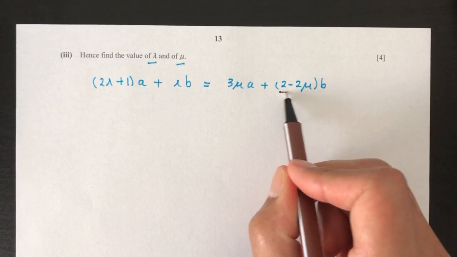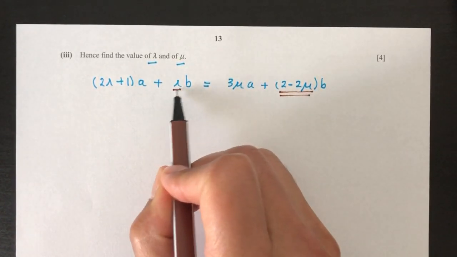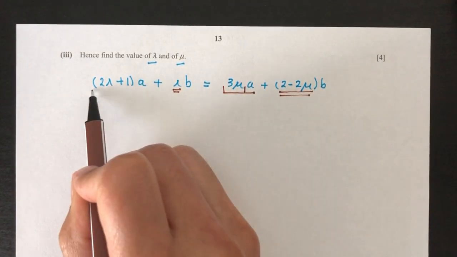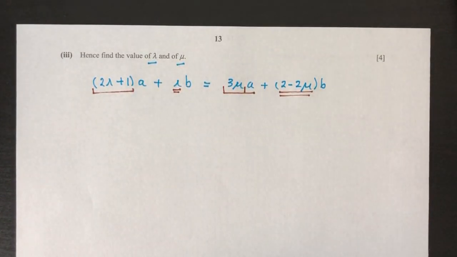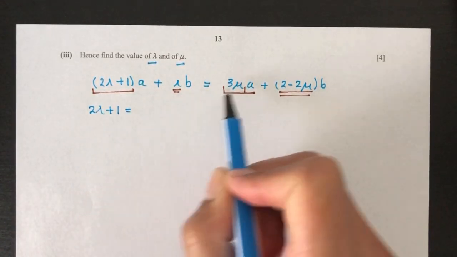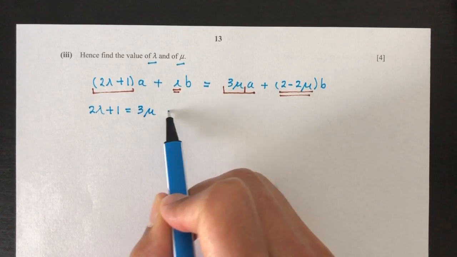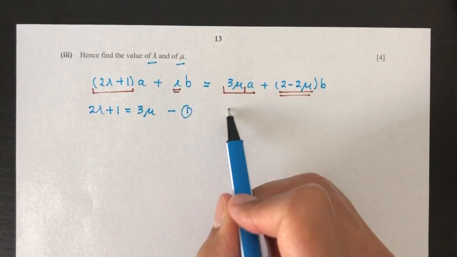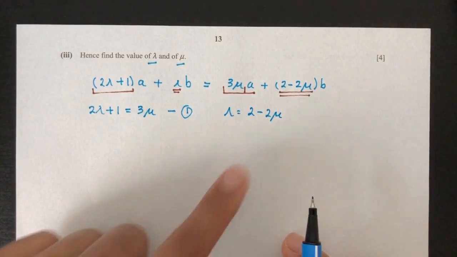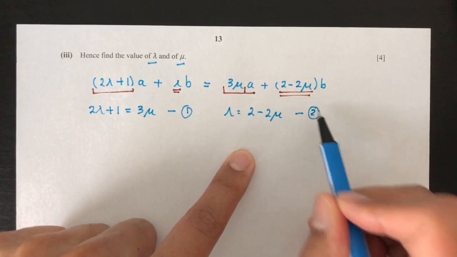So this is in front of B, this is in front of B, and this is in front of A, and this is in front of A. So basically we have two equations. First one is 2 lambda plus 1 equal to 3 mu, and then we have lambda equal to 2 minus 2 mu. That is equation number 2.